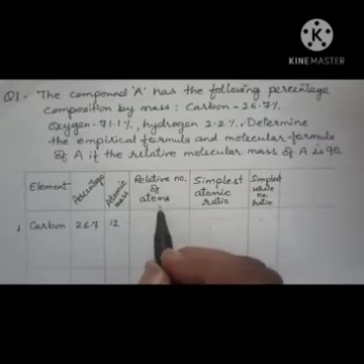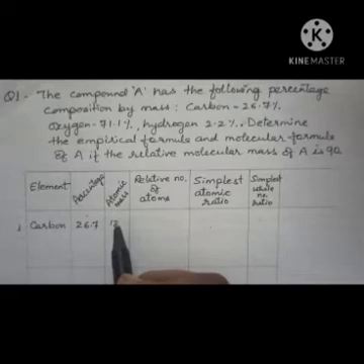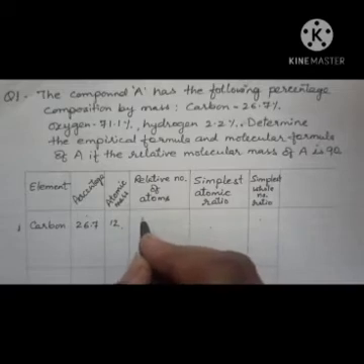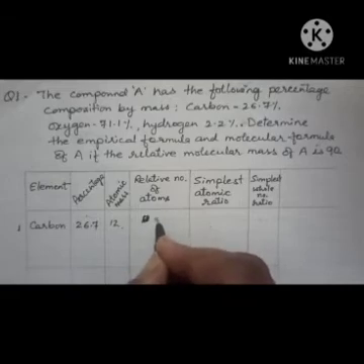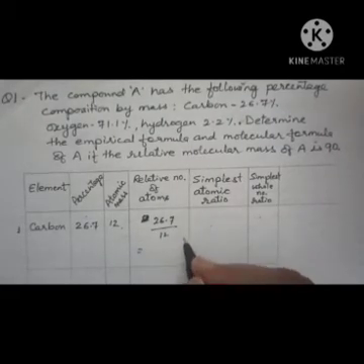You find the relative number of atoms by dividing this percentage by the atomic mass. So 26.7 divided by 12, and then you find this one.